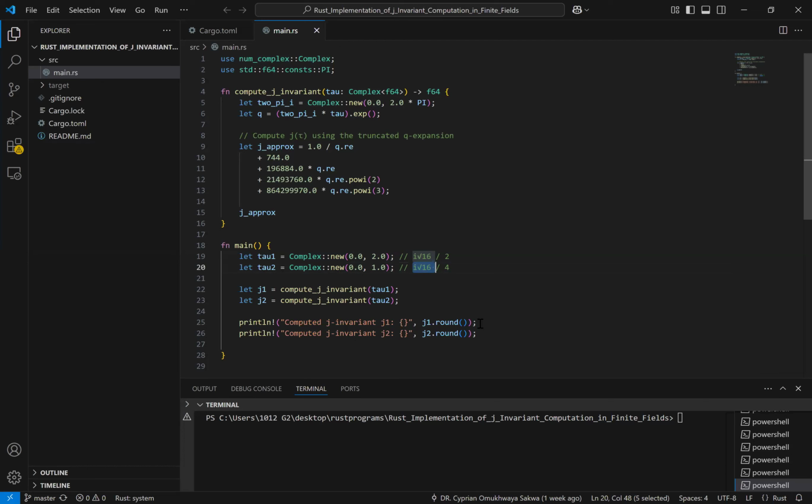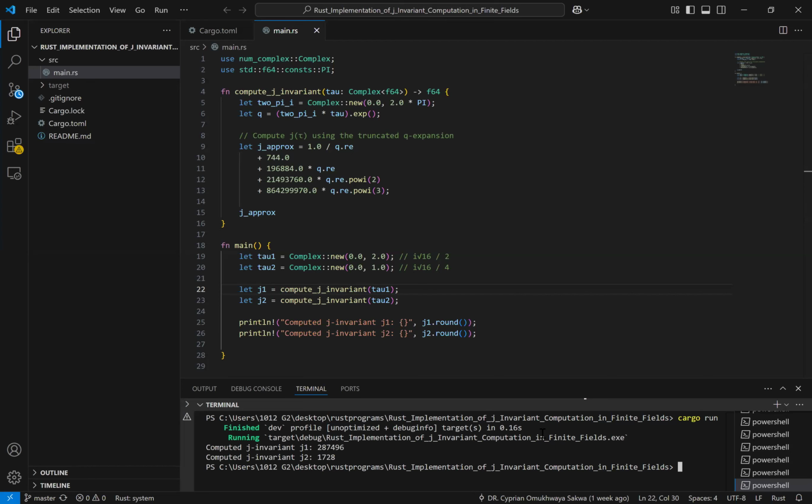Now, I've asked it to give me 2 j invariants, one for this part and another one for this point. So it has given me the j invariants. The first one is 28, 74, 96. Another one is 17, 28.